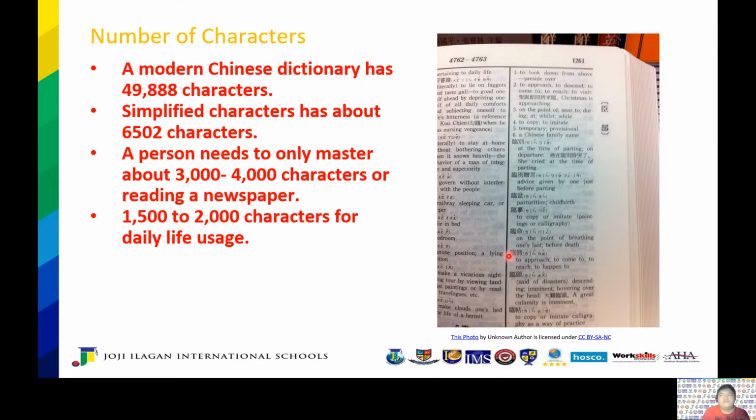So you have to memorize all of those throughout your lifetime when you're studying Chinese. That's a lot. When I learned Chinese back in elementary and high school, it was like learning around 2,000, almost 3,000 characters, all in all.